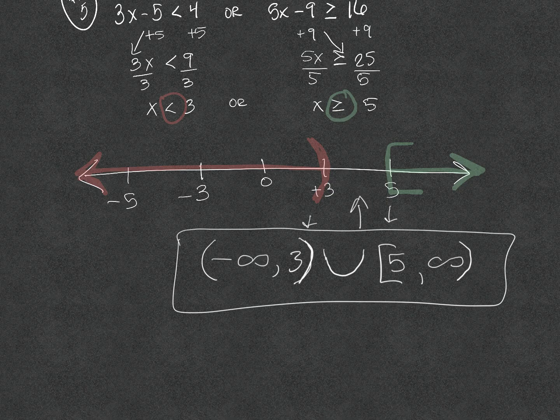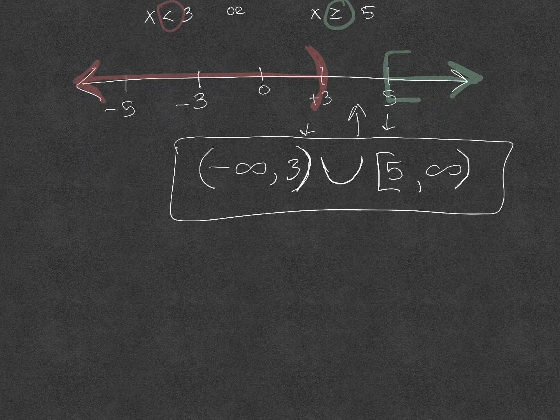There's a gap there, a hole. You can envision it as a hole, right? But the value of X then is anything less than 3, but it is also, or could be, 5 or anything greater than 5. And that's what that means.